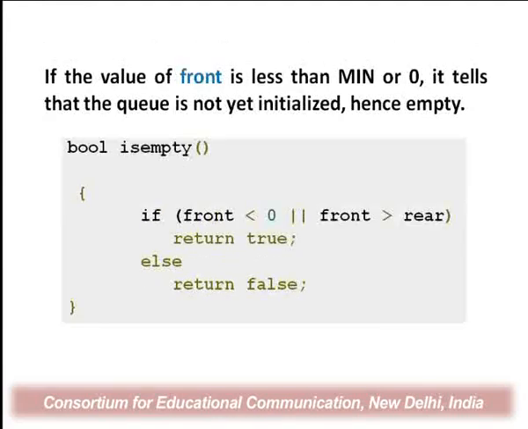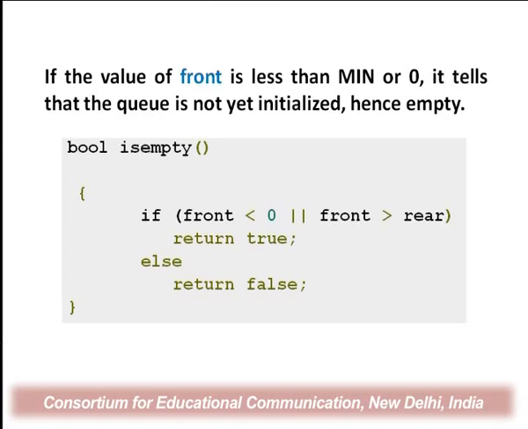Else it is going to return false if rear is not equal to max size minus 1. Coming to the next, which is the empty function, checking for the underflow condition, whether the queue is empty. If empty, it is known as underflow. So, if the value of front is less than 0, it tells that the queue is not yet initialized, hence it is empty.